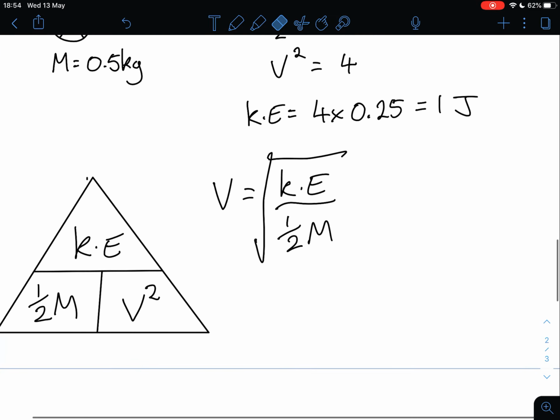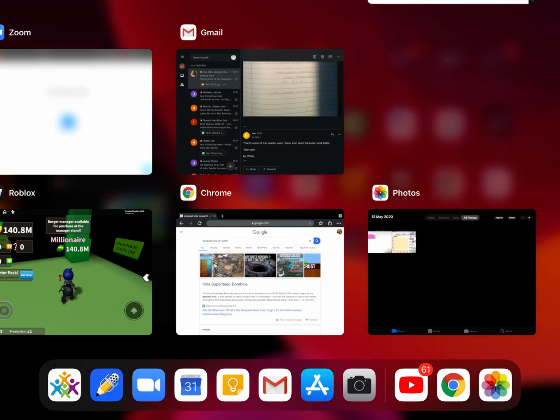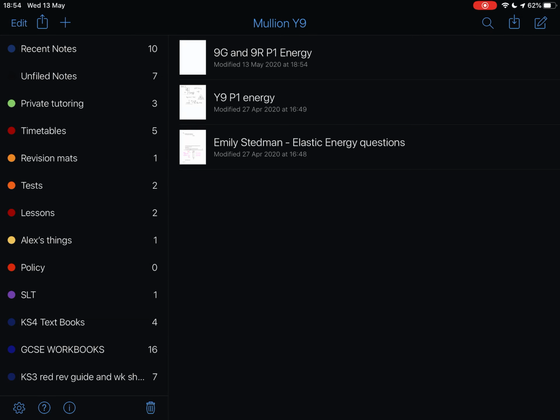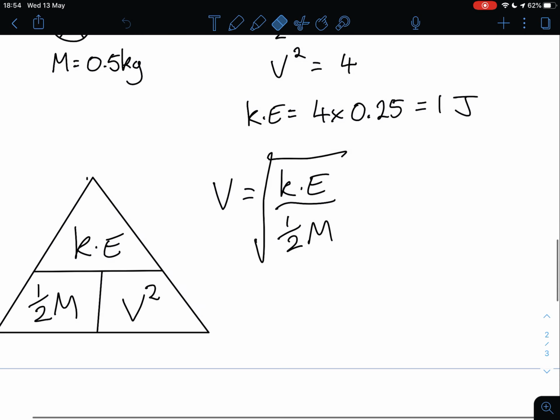What about mass? So let's try mass. How would we rearrange it to get mass, the subject? And all of a sudden my iPad is crashing and not letting me get off that. Let me just close that. Get rid of it. And go back. Try that again. So how would we get rid of the mass? Here we go. So we cover up the one we want, half m.